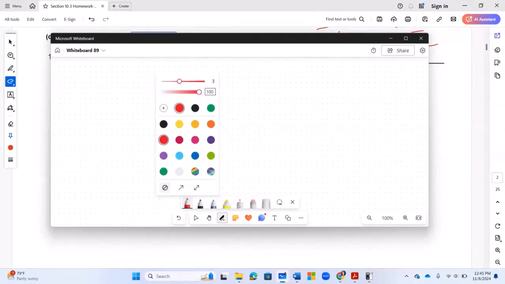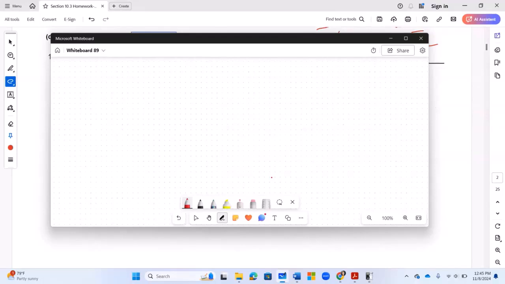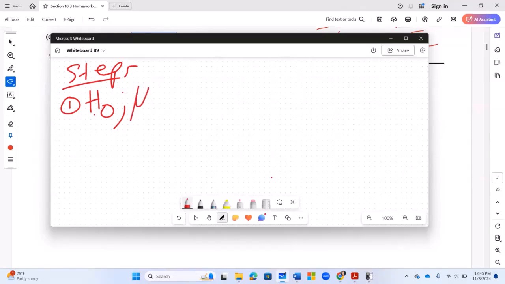Okay, so the first step, there are about 6 steps in hypothesis testing. So I'm going to write the steps again. Step 1, identify the claim. In other words, state the null hypothesis. But I'm doing a t-test this time, so it's going to be mu. I am trying to estimate the population mean. And remember that the null hypothesis always goes with the equal sign. Okay, so this is stating the claim.